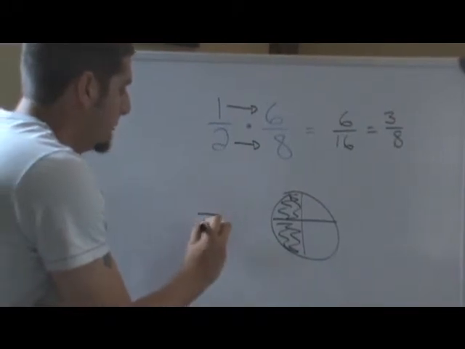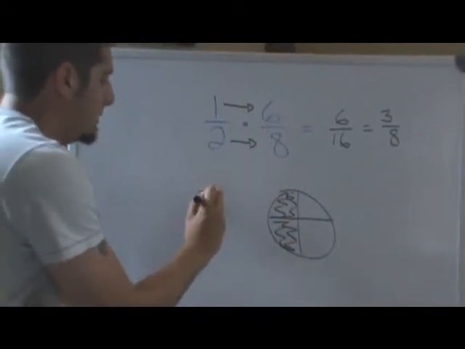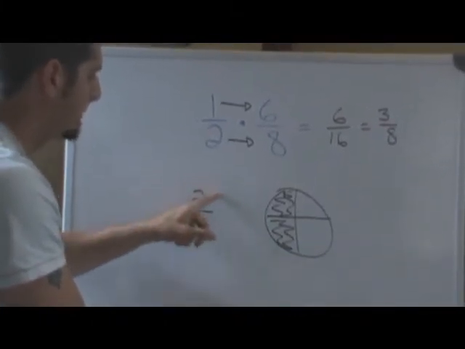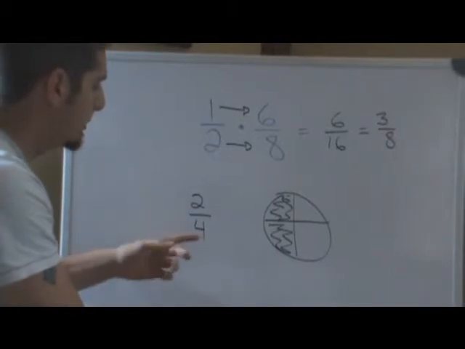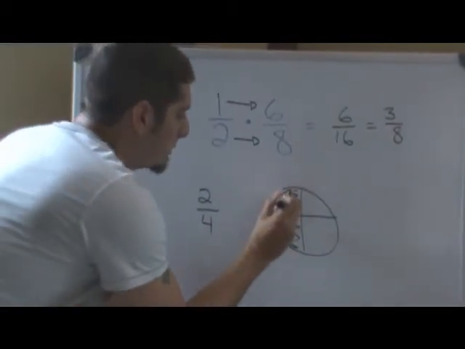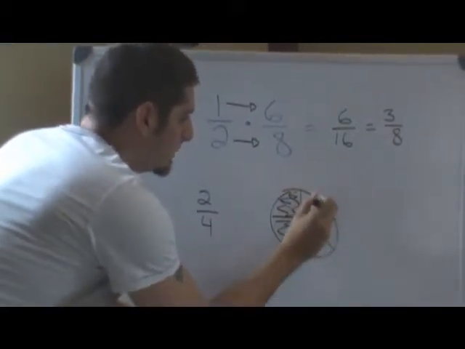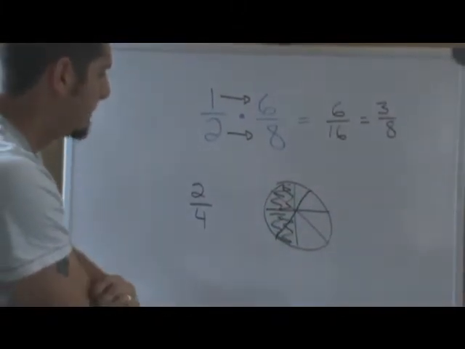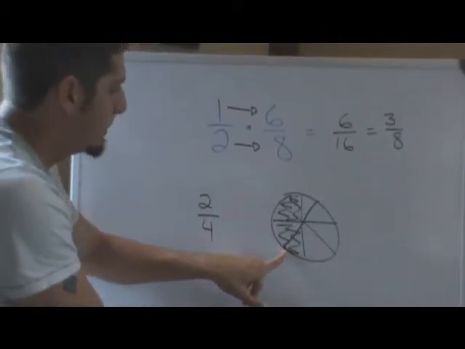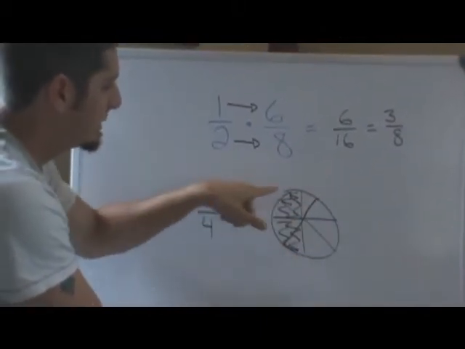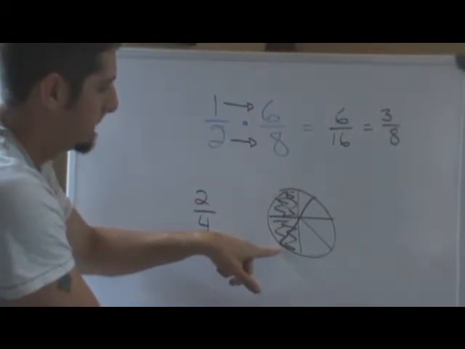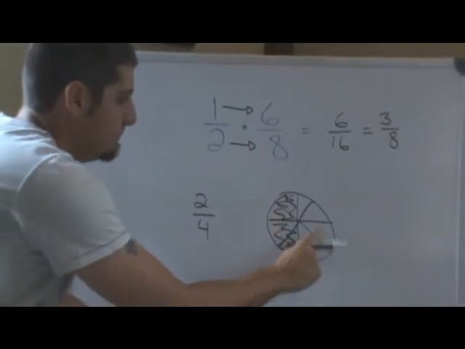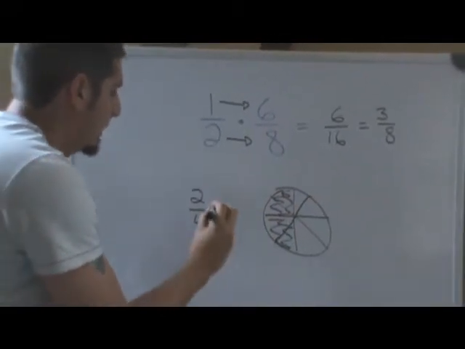Okay, so my denominator would be 4. I have 2 of those slices. Now, if I wanted to figure out what half of this is, if I just simply double the number of pieces it requires to make a whole pizza, okay, but I keep the number of slices I have the same. So I just doubled the number of pieces the whole pizza has. Okay, so the pizza went from needing 4 pieces to now I need 8 pieces of pizza to make a whole pizza.